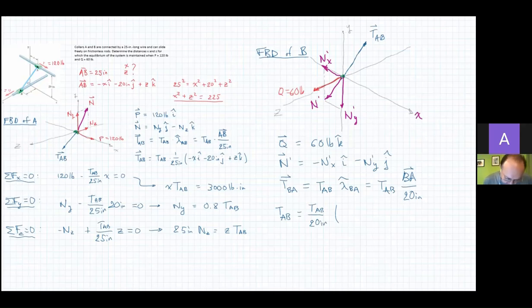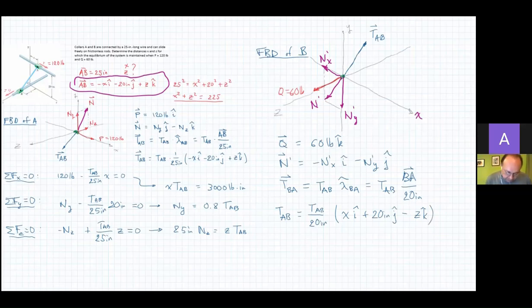This vector here is AB, so BA is the same but with opposite signs. We can put XI plus 20 inches J minus ZK.